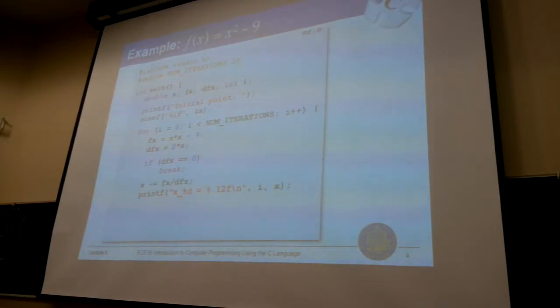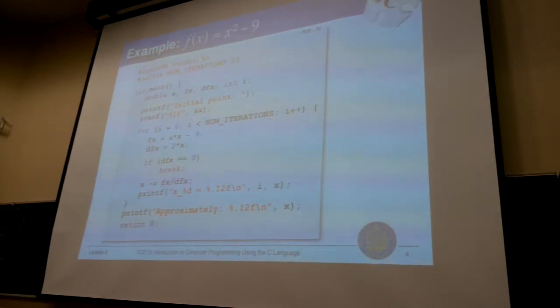At each step, we print out the value of our next guess, so x of i, where i is the iteration step, is equal to our current guess. And then finally, after we exit the loop, we print out the final approximation of the root x. And that's it. We can return 0.